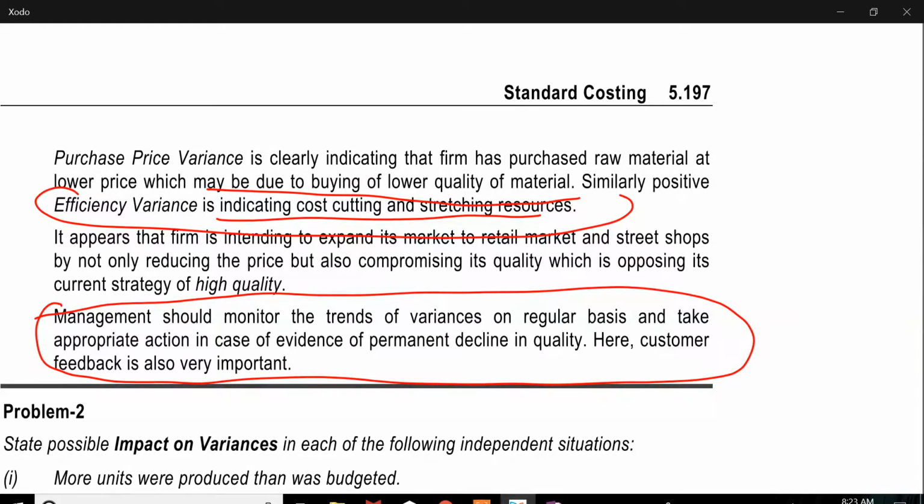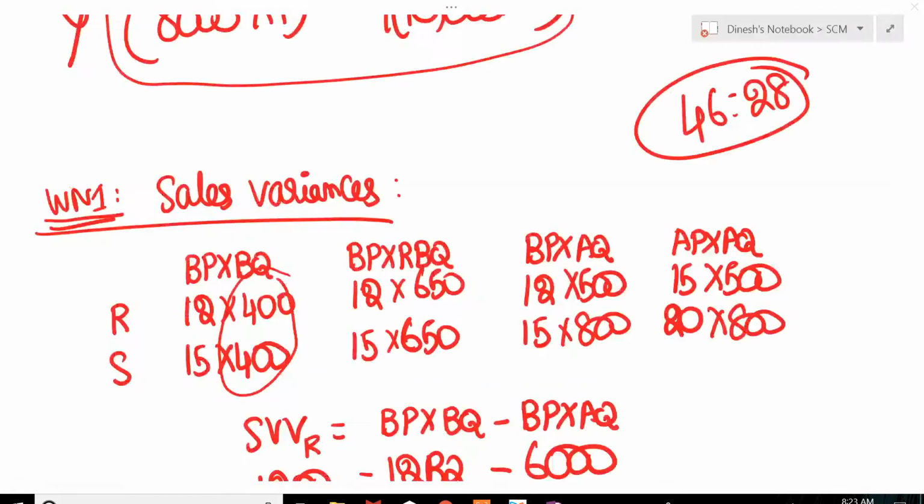That case study will talk about something else, in case the company's actual performance is deviating from its corporate strategy. Hence, customer feedback is also very important. So in every case study, you may have certain lines which can be common to any answer. Those things I'll keep discussing as I do more and more case studies. Clear? Any doubts on this? Clear?